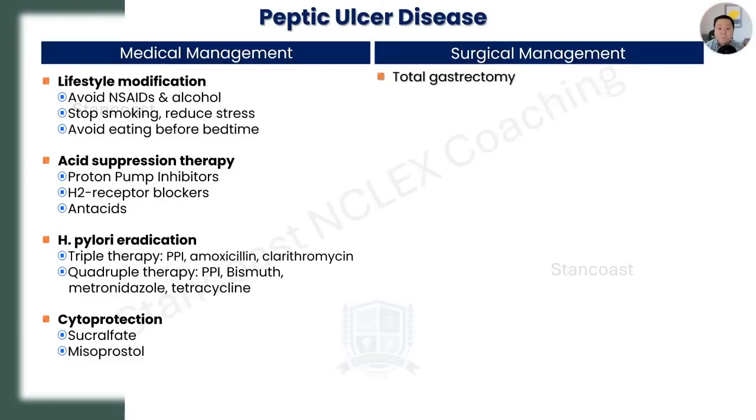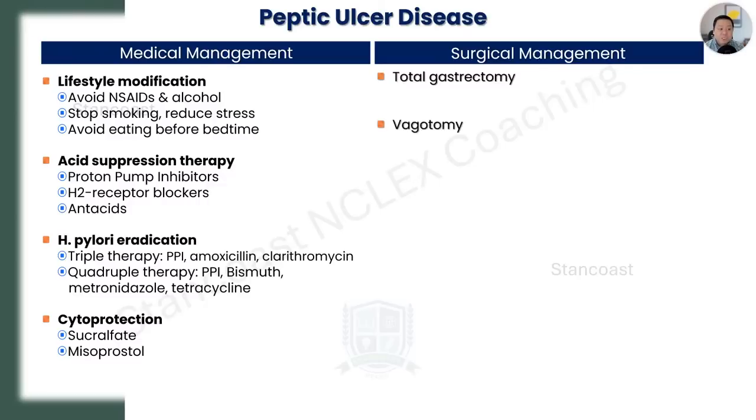And by removing the stomach and connecting the esophagus to the small intestine, such as the jejunum or the duodenum, it will also eliminate the acid secreting areas that contribute to ulcer formation. And the total gastrectomy can also address complications like intractable bleeding, perforation, or maybe cancer risk associated with long-term disease.